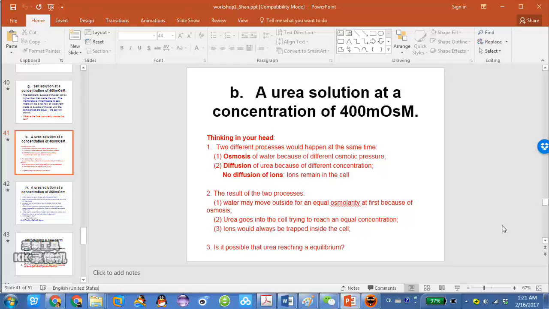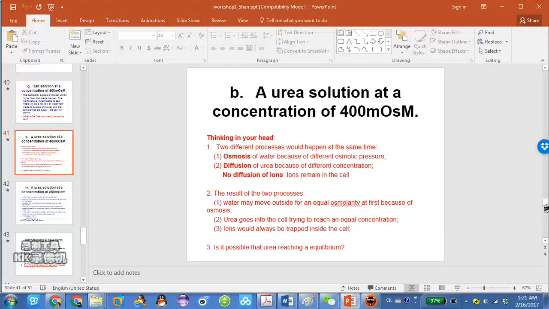And then we can look at the process of diffusion of urea. The inside has no urea in the cell. The outside has 400 milliosmolar of urea. So the diffusion direction of urea will follow the concentration of urea itself. Urea will come from outside of the cell to the inside of the cell.